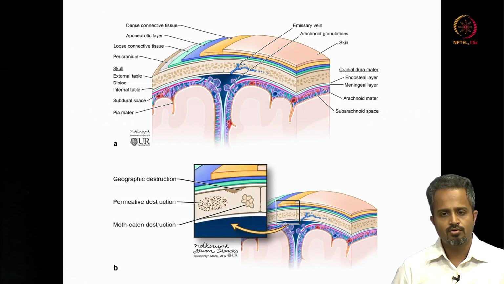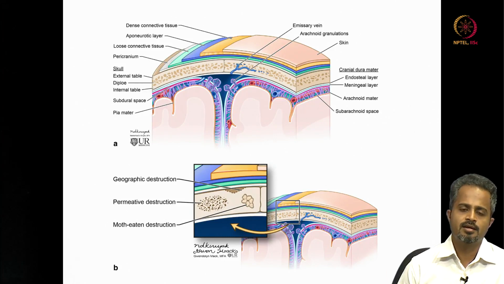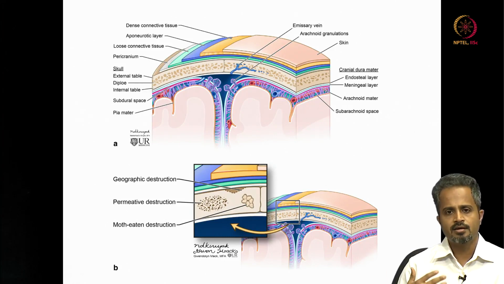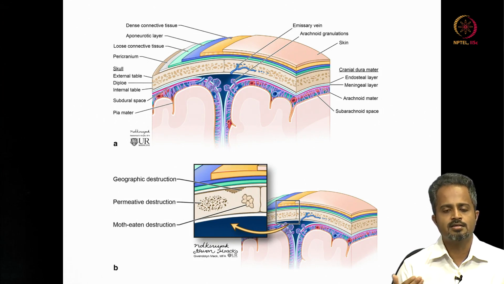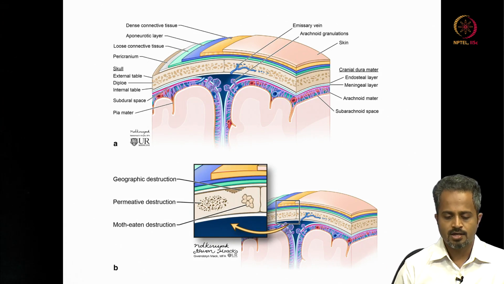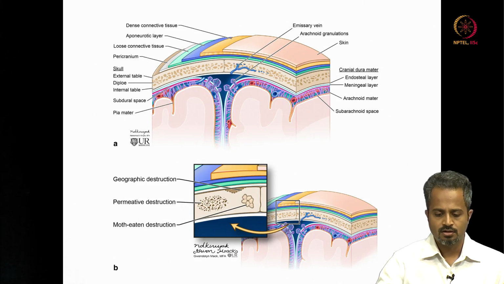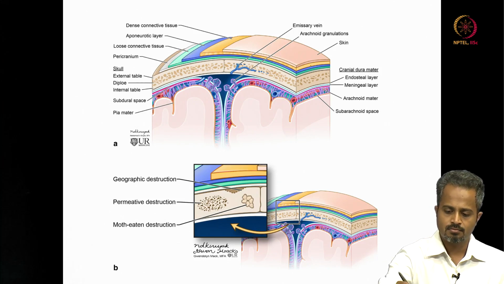So before I go to the brain anatomy, a little bit of the layers starting from the scalp. So one would always wonder how many layers are there above the brain, or for that matter how many layers need to be opened to approach the brain. So as you can see here, that part would be the scalp area.